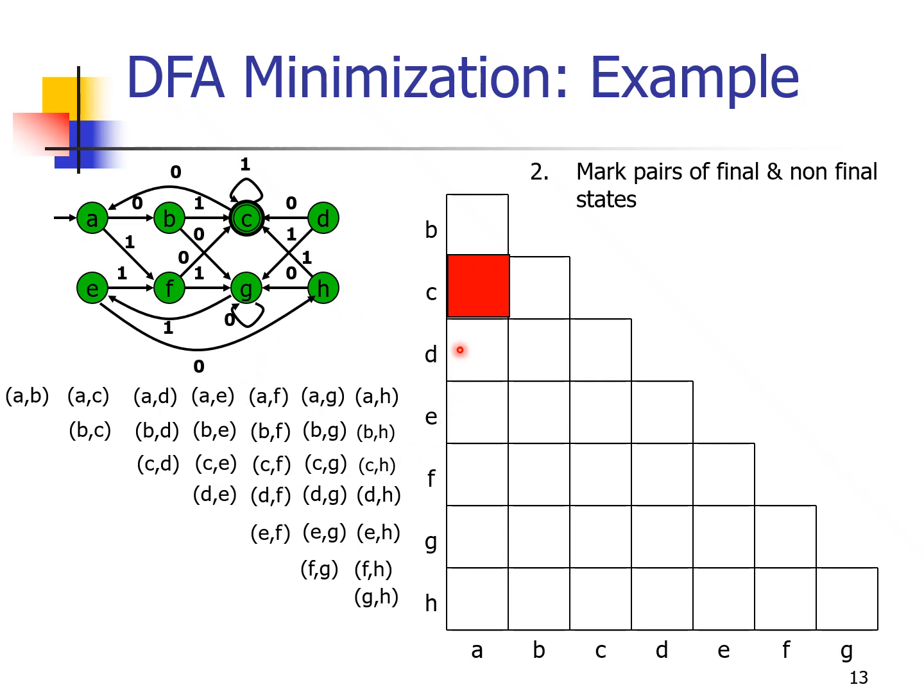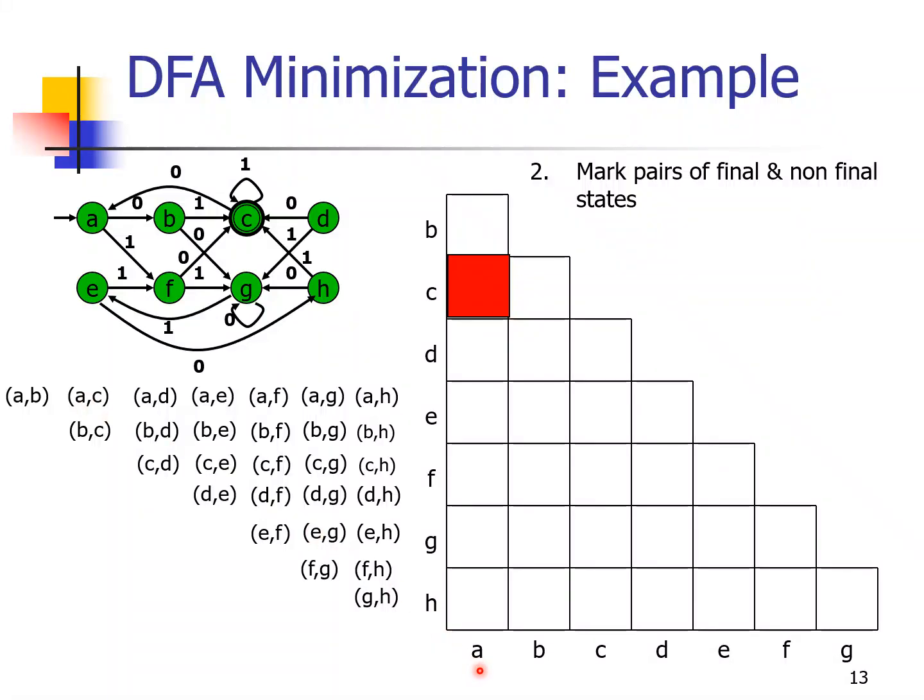Once we have made the pairs of states, we have to distinguish them. Look at which is the final state in this example: C is the final state. If C is paired with any non-final state, they can definitely be distinguished. For example, in AC, A is a non-final state and C is a final state, so you can separate them because they are not the same.